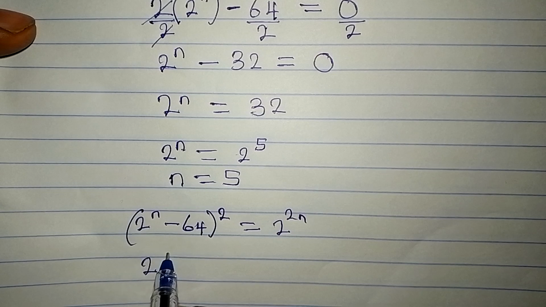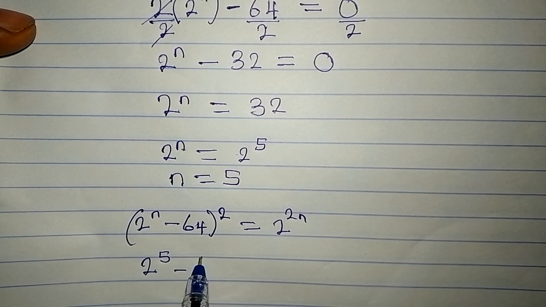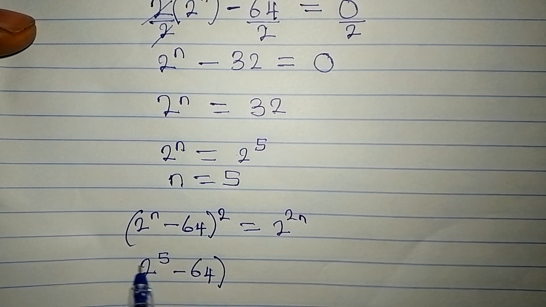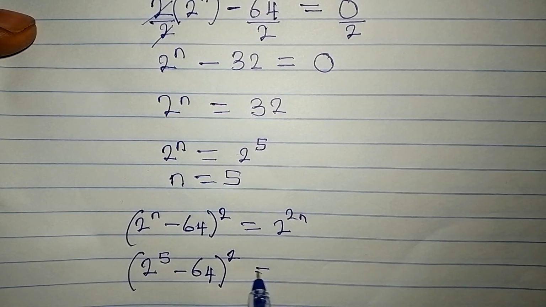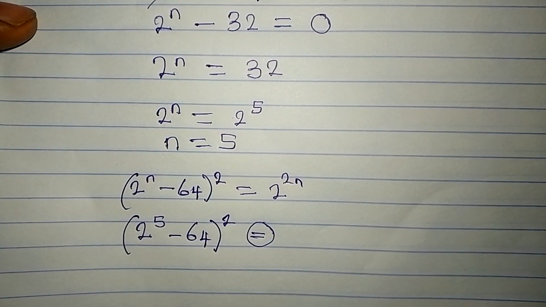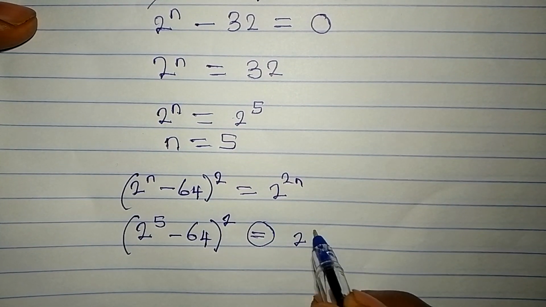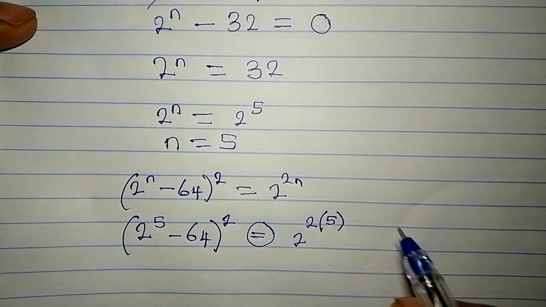So we'll be having 2^5, then minus 64, then whatever we have, we shall square this. And then, will this be equal to what we're going to have on the right hand side? We have 2 to the power of 2 times 5, because n is still 5.